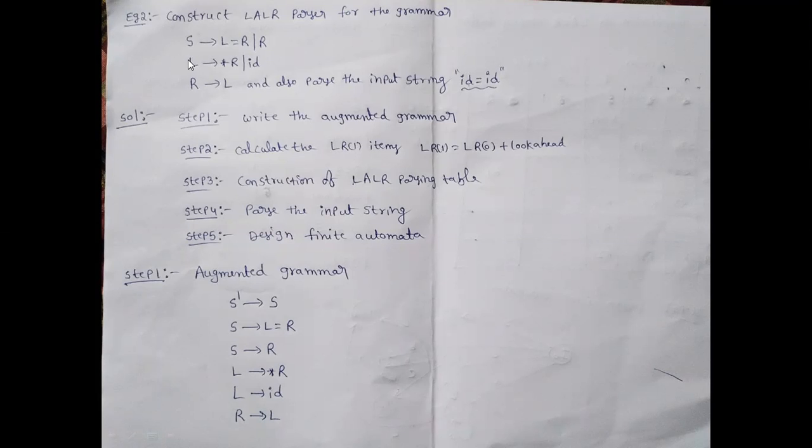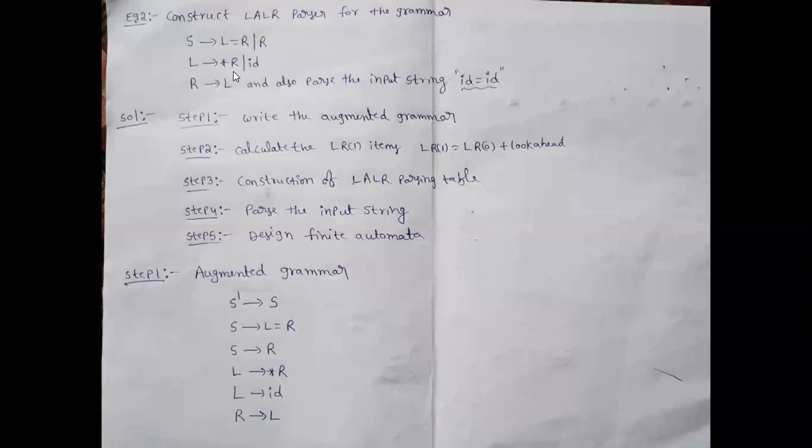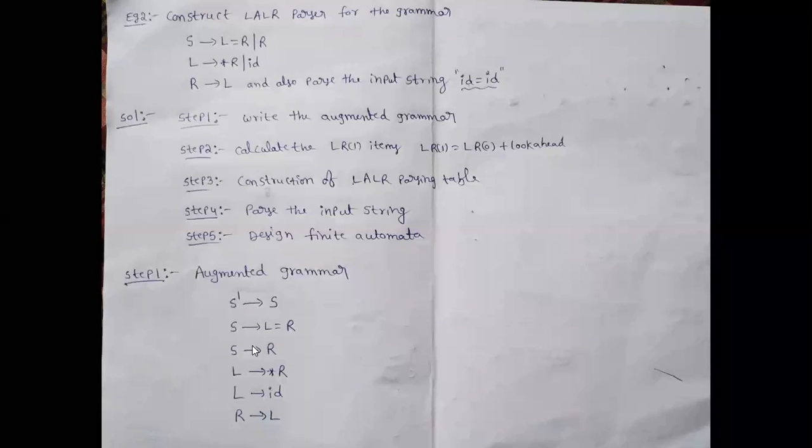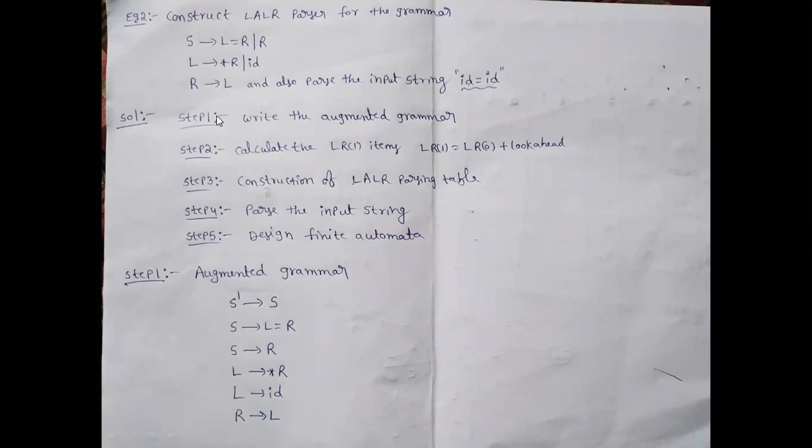Then write the remaining ones: S produces L equals R, one production, and S produces R, another production, and L produces star R, L produces ID, and R produces L. So this is the augmented grammar. Is it clear?